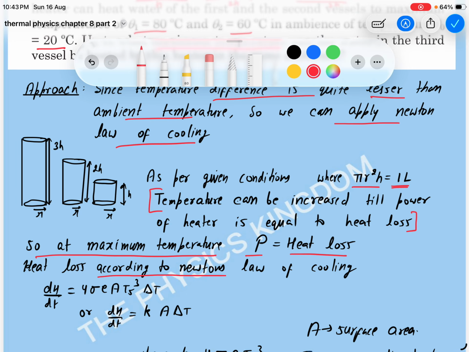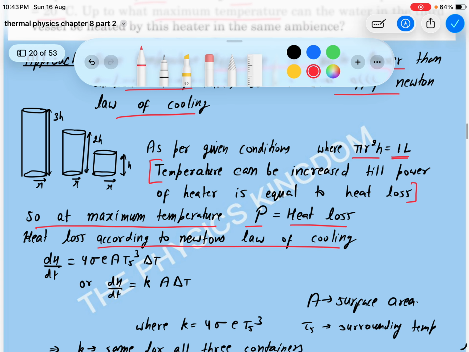So heat loss according to Newton's law of cooling. You write m c times rate of change of temperature, which is heat loss. When temperature of body and surrounding are near to each other, by binomial expansion we get this relation. So this heat loss you can write as K, which is a constant, and it depends on 4 sigma E Ts.